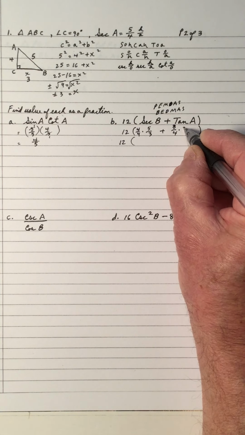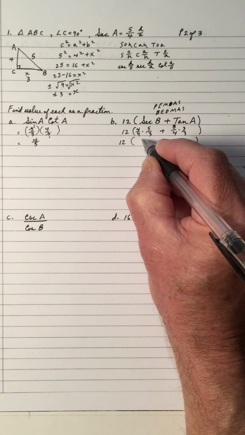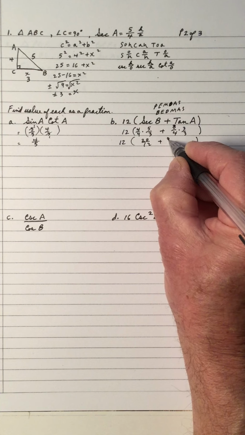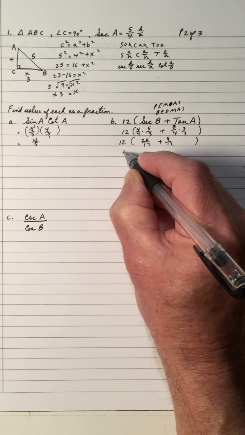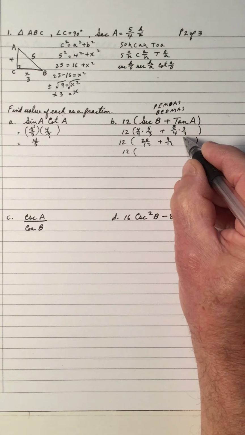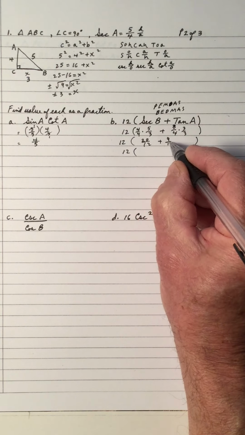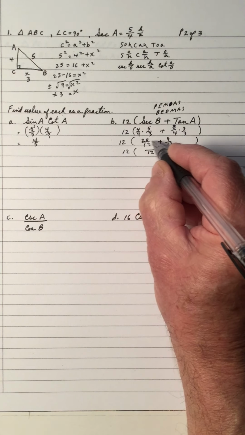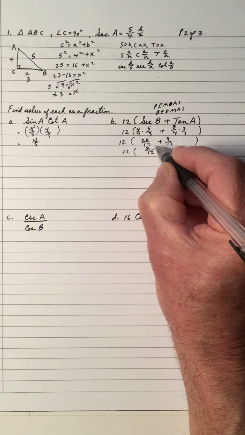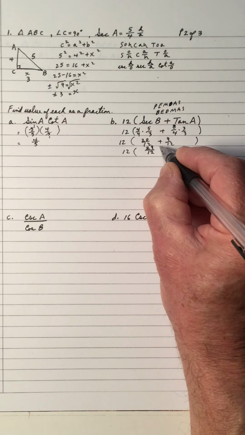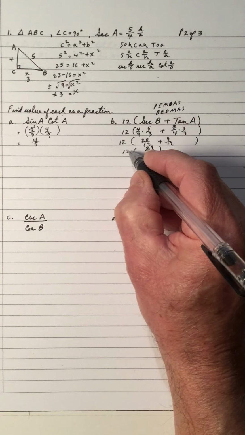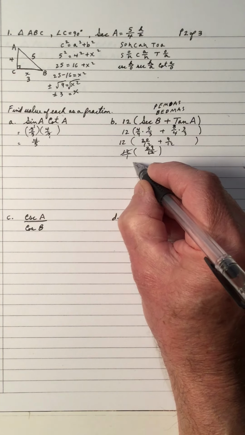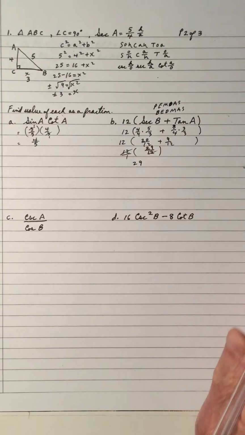Multiply this fraction by 3 over 3. That gives us 20 over 12 plus 9 over 12. And we continue, do the inside of the brackets. Both fractions have the same denominator of 12, so we add up, and we get 29 over 12. Now we're multiplying, so that's 12 over 1. I can cancel the 12s, and I get an answer of 29.